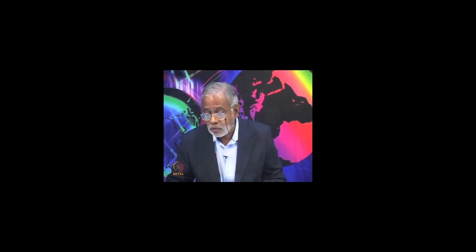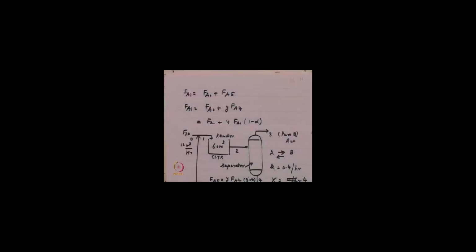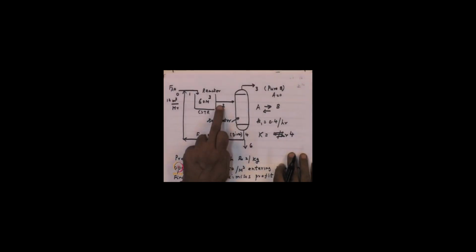So, what are we saying now? What we are saying is that F A 1 is F A 0 plus F A 5, that is what is mentioned here. Now, F A 5 is fraction y of F A 4 recycled, therefore y times F A 4 is F A 5. And we also said that whatever is coming at 4 is what is present at position 2, which is F A 1 times 1 minus alpha. Therefore, we have put here F A 1 times 1 minus alpha.